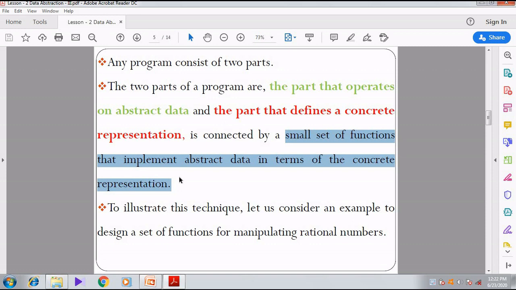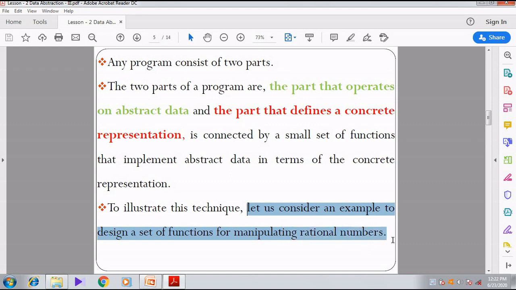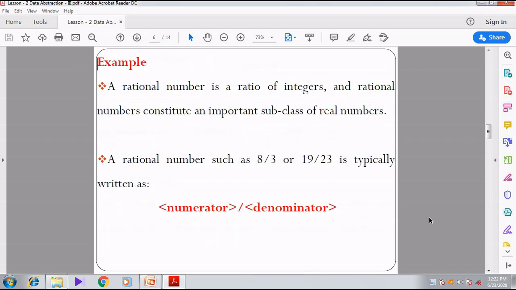To illustrate this technique, let us consider an example: we are going to design a set of functions for manipulating rational numbers. In this function we work with the abstract data representation, that is, assumption values, and also with the concrete data representation. Right, let's see the example.